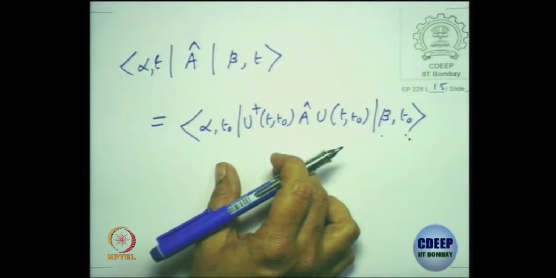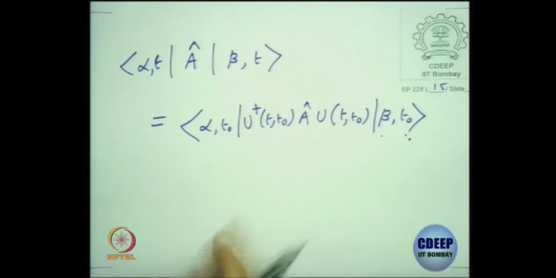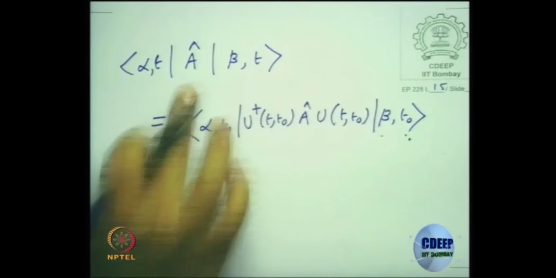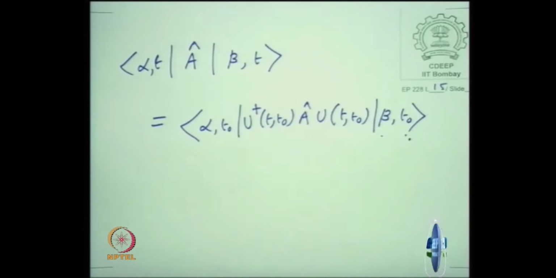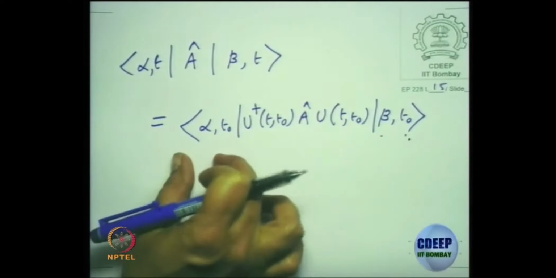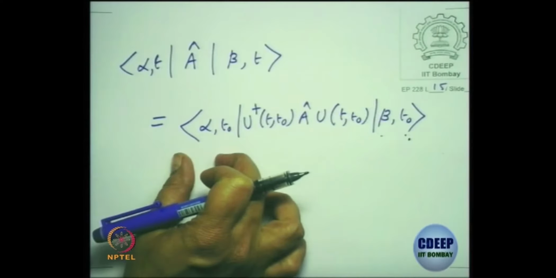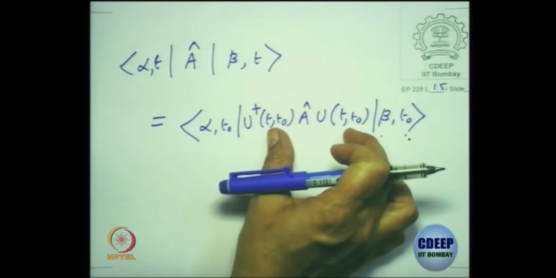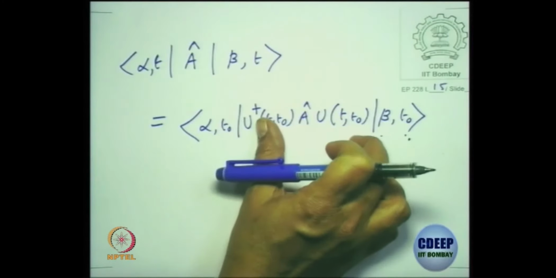Okay. So this is what it tells. Either you evolve the state and evaluate the matrix element, or you fix the state and modify, put this to be time dependent.